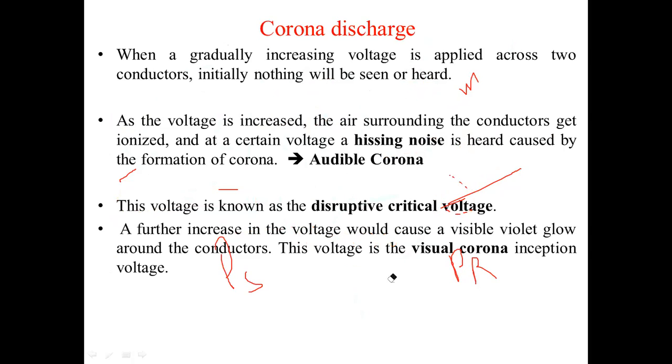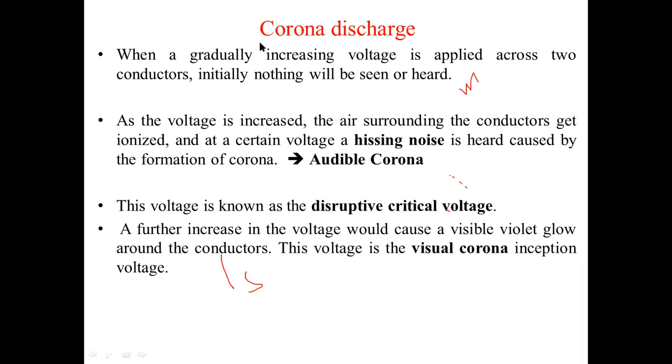Now we will discuss the audible corona and the visual corona. When a gradually increasing voltage is applied across the two conductors, initially nothing will be seen or heard.